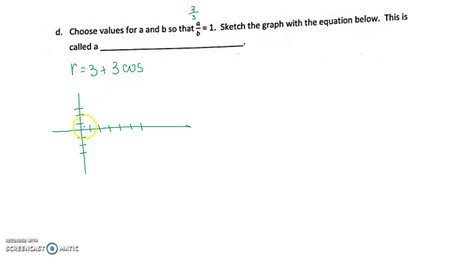This distance here, from beginning to end, is still a plus b. So 1, 2, 3, 4, 5, 6. So that distance there is still a plus b. Your vertical, where it hits the axis, is still a. And technically, if you remember, that loop was b minus a. Well, here if I did 3 minus 3, that's 0. So I don't actually have a loop.